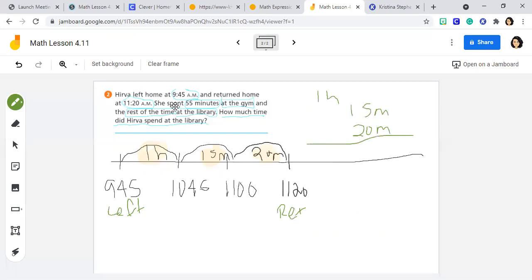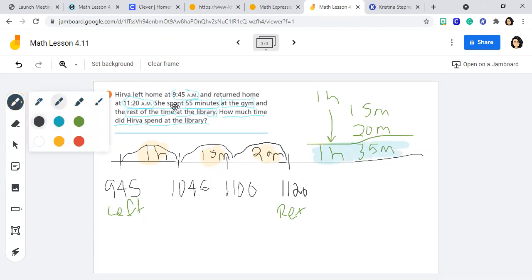Well, I'm going to add the minutes first. So 15 plus 20 is 35 minutes. I don't have to reorganize that because it's not over 60. So I know that she was gone for a total of 1 hour and 35 minutes.